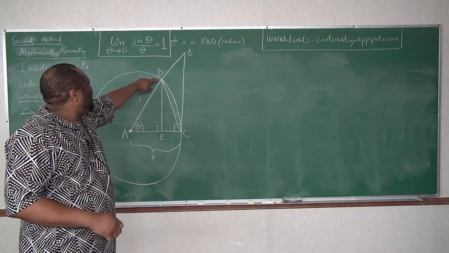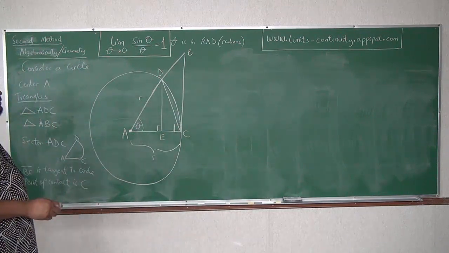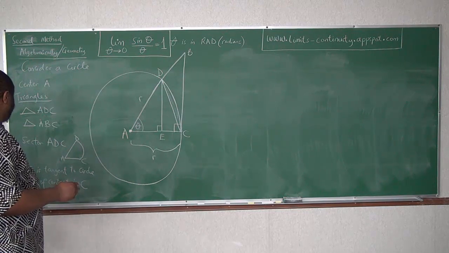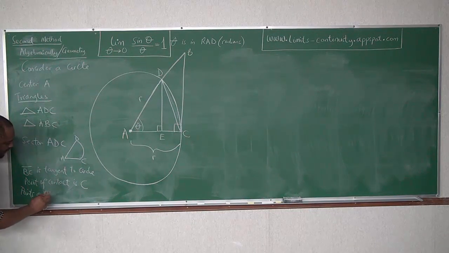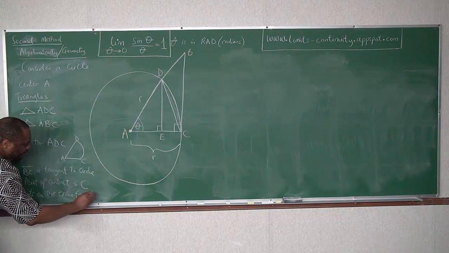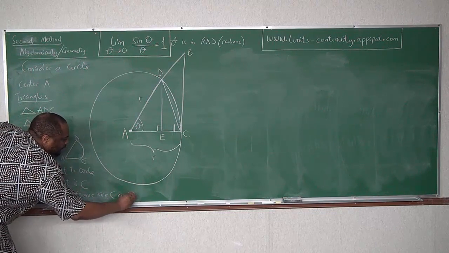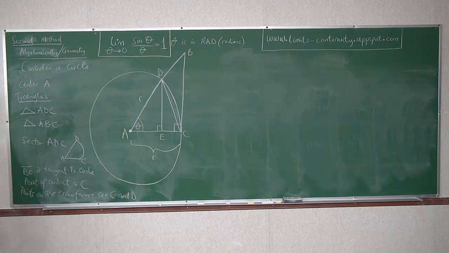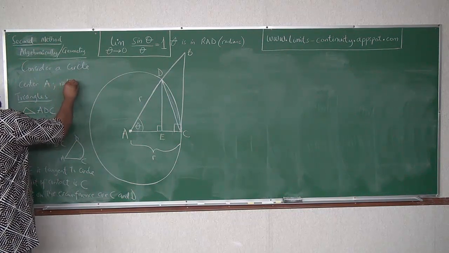D and C are points on the circumference of the circle. Then radius, center A, radius R.